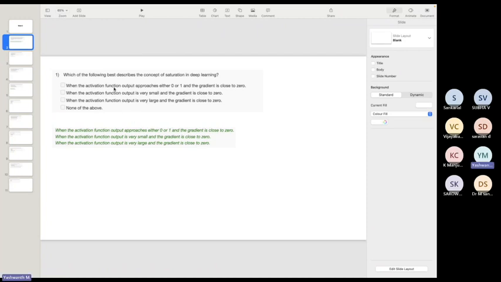The activation function output approaches either 0 or 1, and the gradient is close to 0. So basically, you hit saturation in any DL model once the gradients are close to 0, no matter what the cause is, because you are not learning anything.